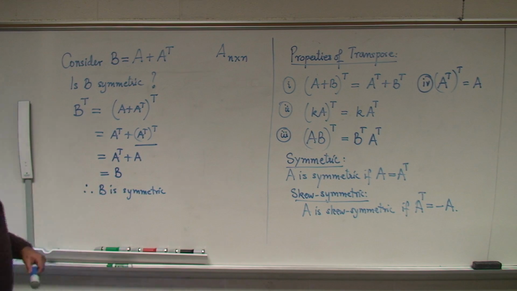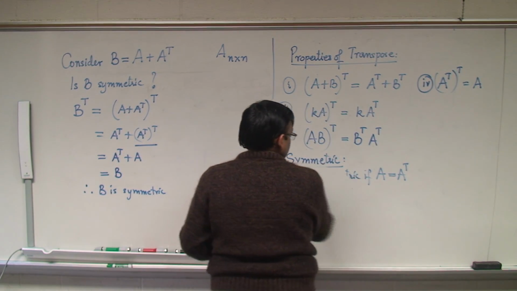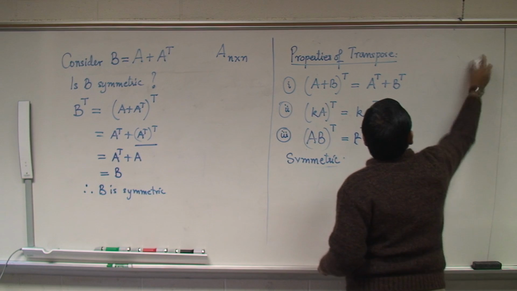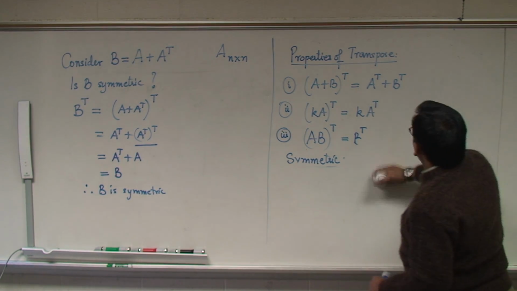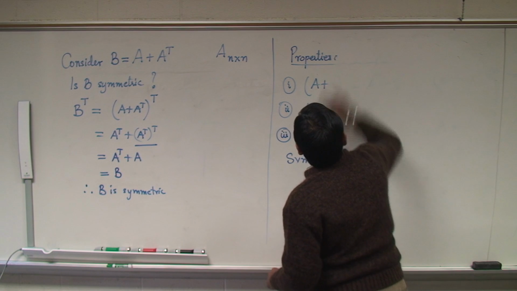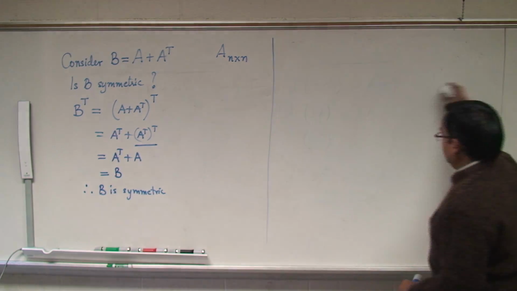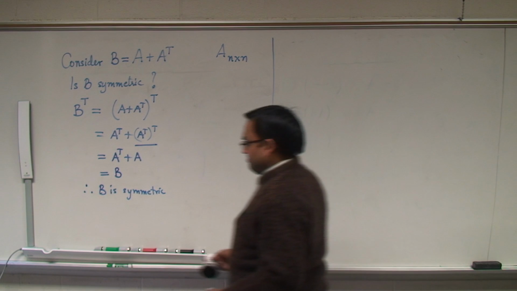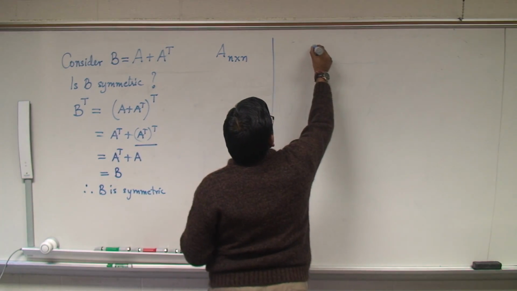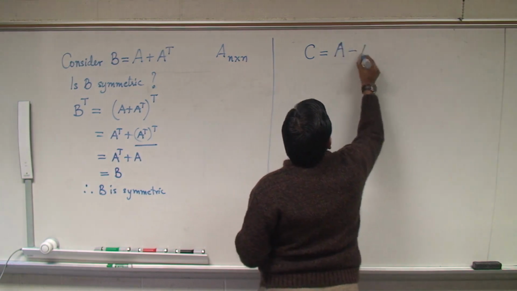Okay. Let's try one more thing. Let's consider another matrix, C, which is of the form A minus A transpose.